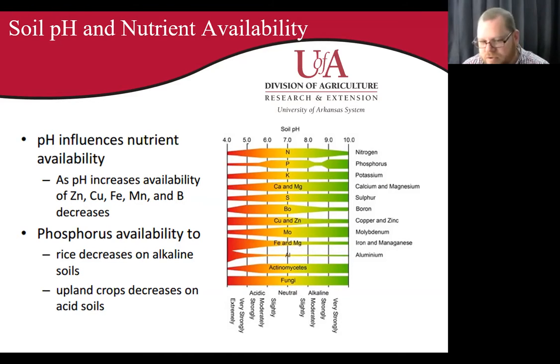Slightly over a 7 is still available pretty good, but then we have some other problems going on. So a 6 to a 7 is where we would really like to be, depending on the crop that we're growing. And you see on the left-hand side that as pH increases, availability of some nutrients decreases. So realize that too. And phosphorus availability is something that we also have to think about.